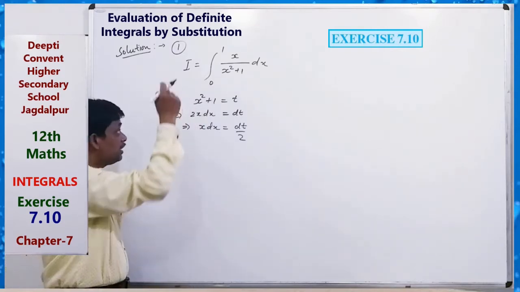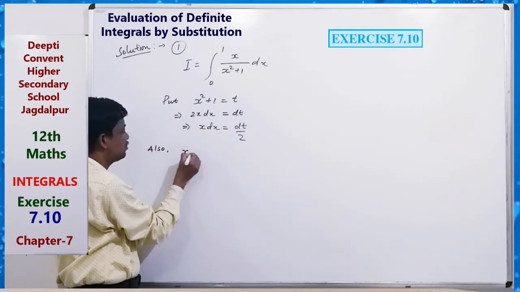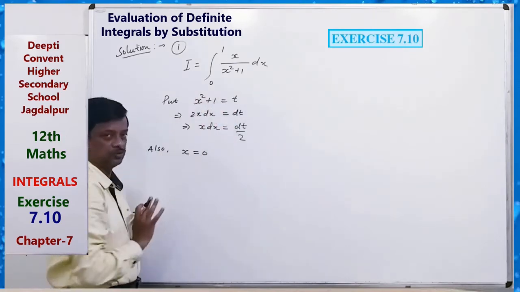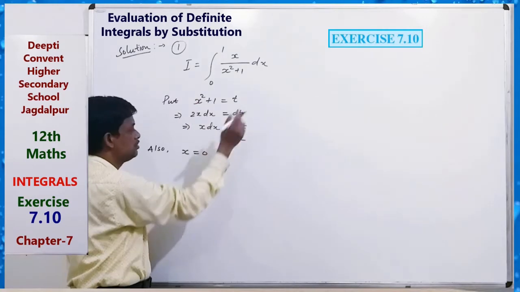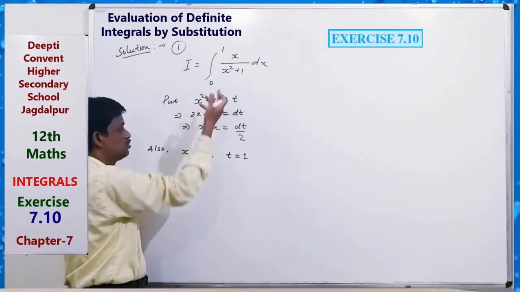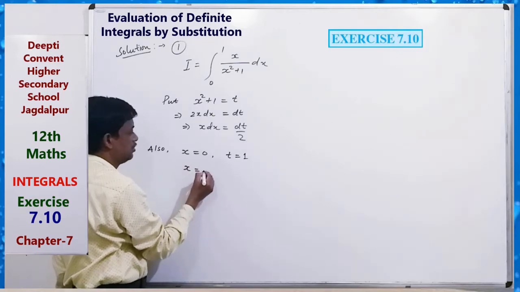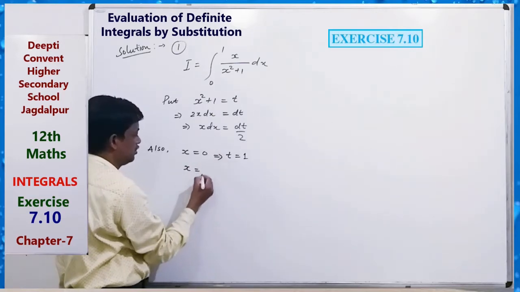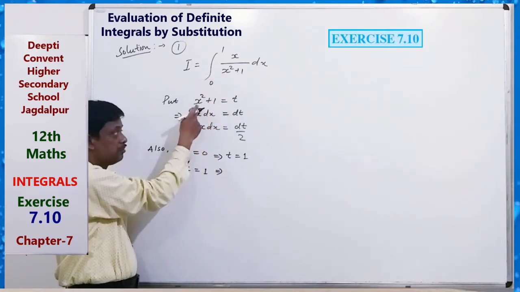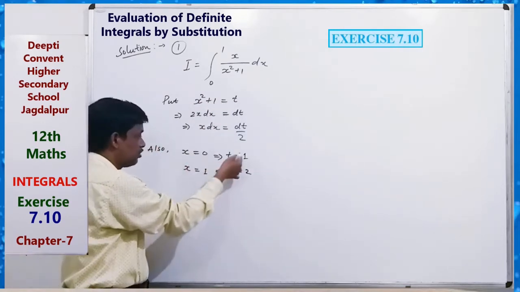When x equals 0, 0 plus 1 equals t, so t equals 1. When x equals 1, 1 square plus 1 is 2, so t equals 2. So our new limits are not 0 to 1, but 1 to 2.